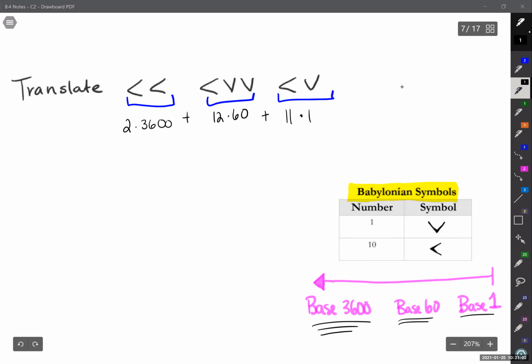Multiply these separately, add them together. When we add all those together, I believe we should get 7,931.